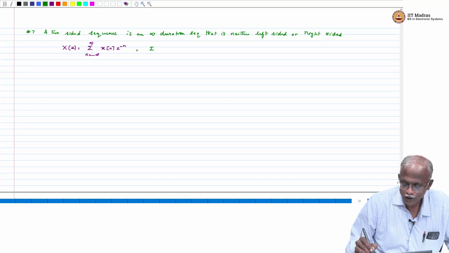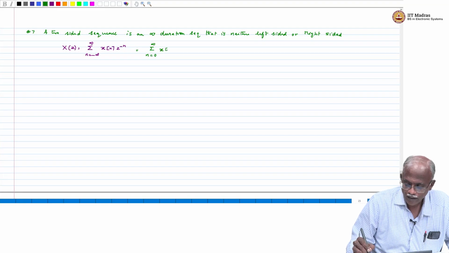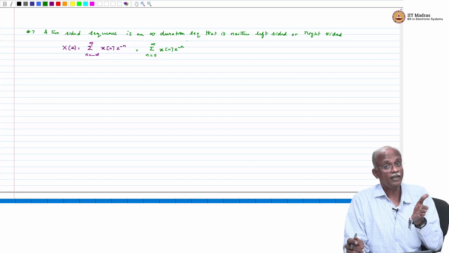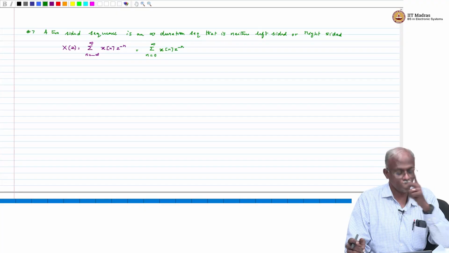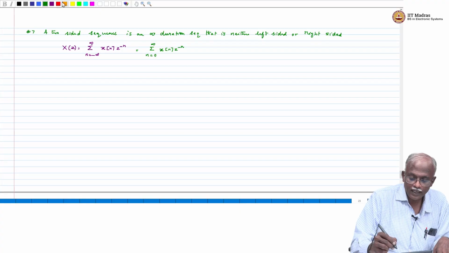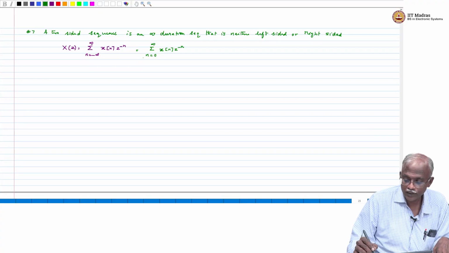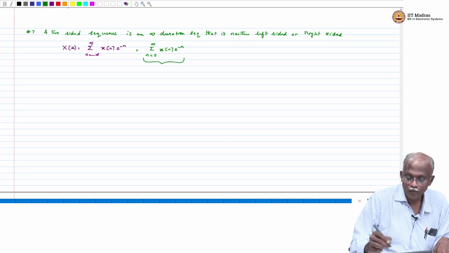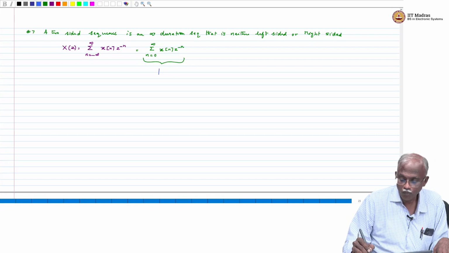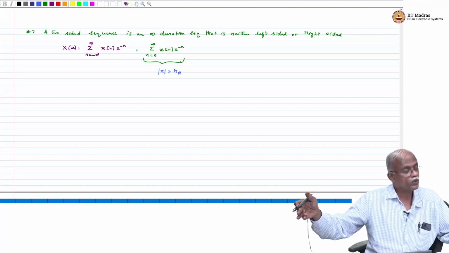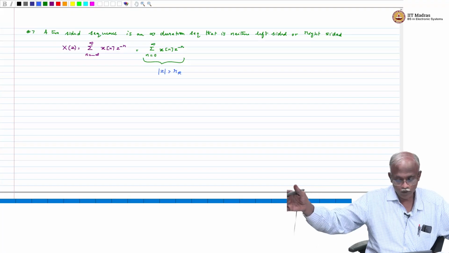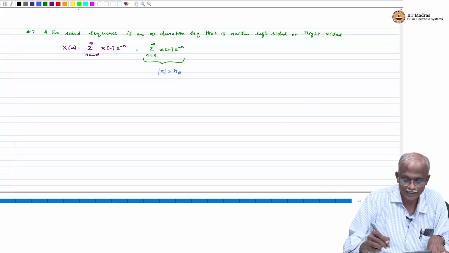So I will write it as two parts, n equal to 0 through infinity x of n z power minus n. This is a causal sequence, right-sided sequence. So therefore I will get a region of convergence for this, which will be given by mod z greater than RR. Multiple poles will be present. If they are present, take the outermost pole, that will be the region.